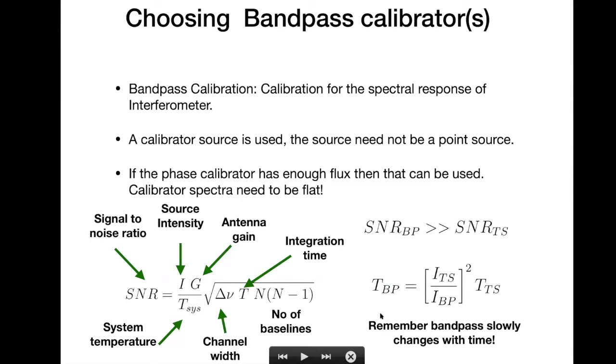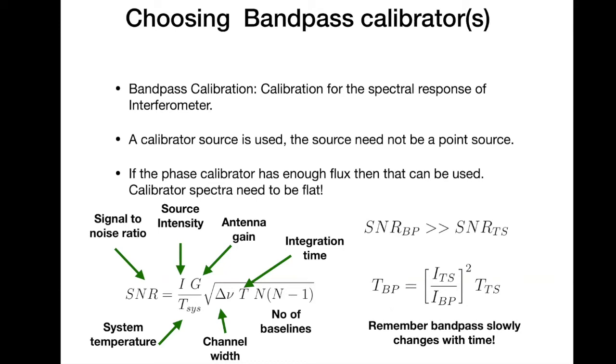And if you put in the equations over here, you will see that the bandpass has to be observed for at least this much amount of time. This tells you that if I want to reduce the time on the bandpass, then I choose a bandpass calibrator which has higher intensity.